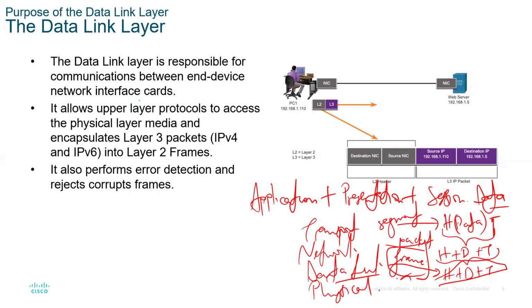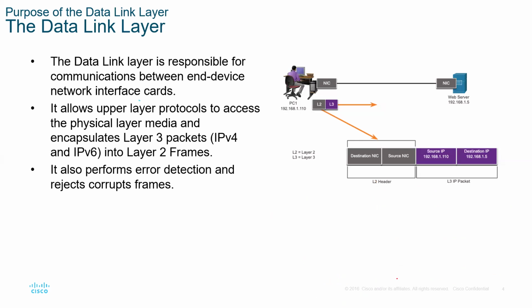Now, going back to my point, it translates data from the upper layers into a format that is suitable for transmission. That format is what we call a frame. So when you get to layer 2, we have what we call data framing, which is basically a translation of whatever we had from the upper layers into the frame.